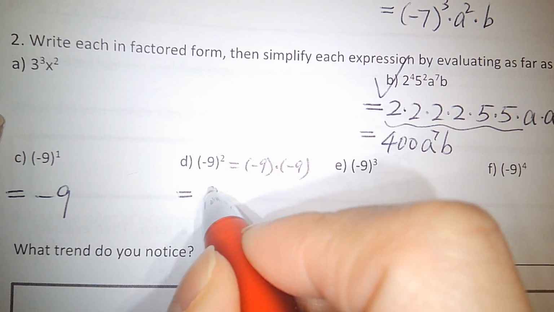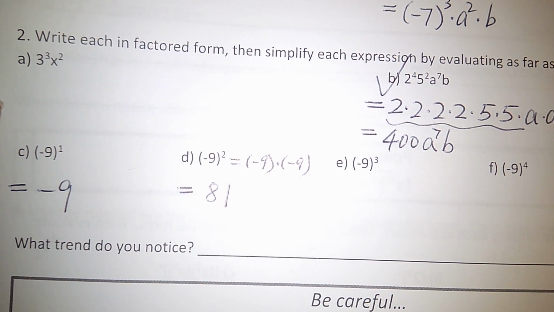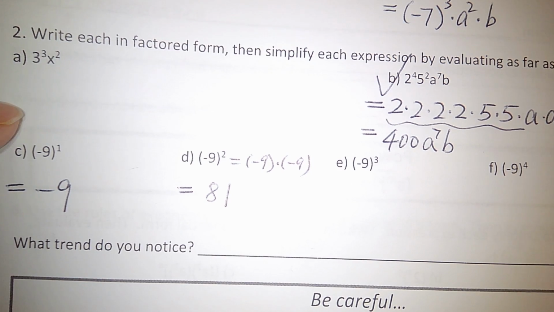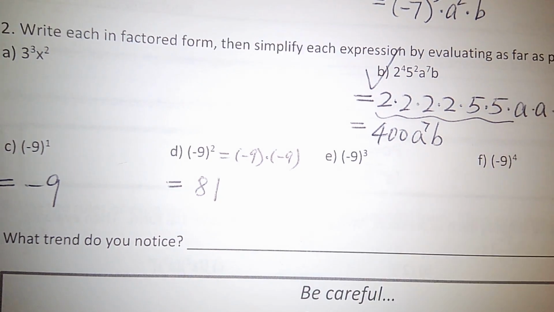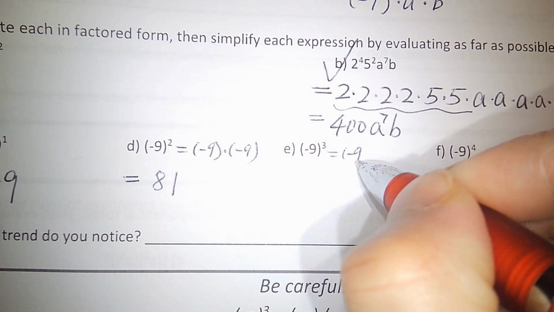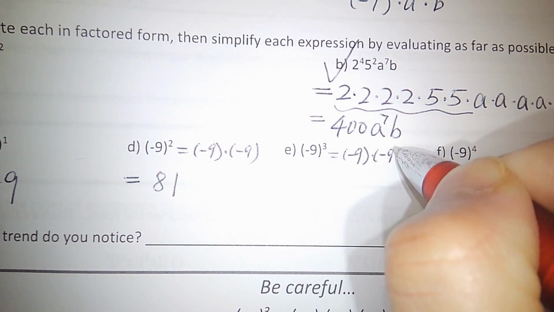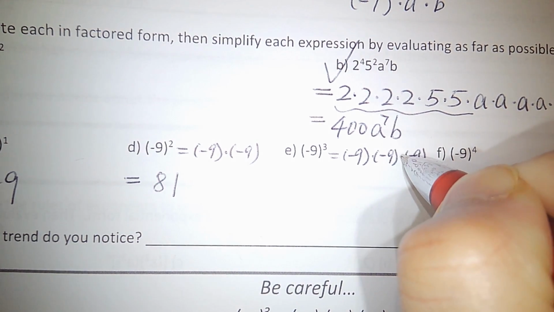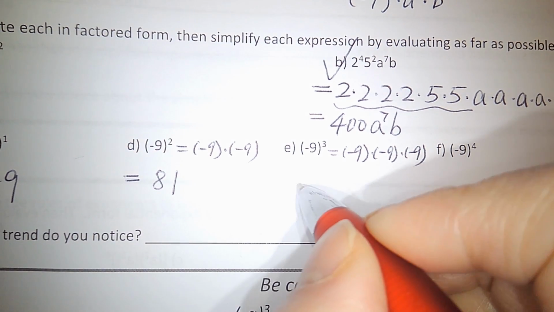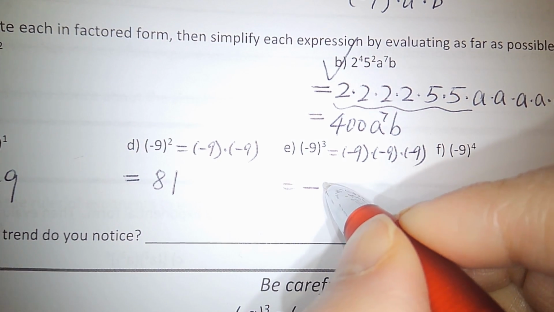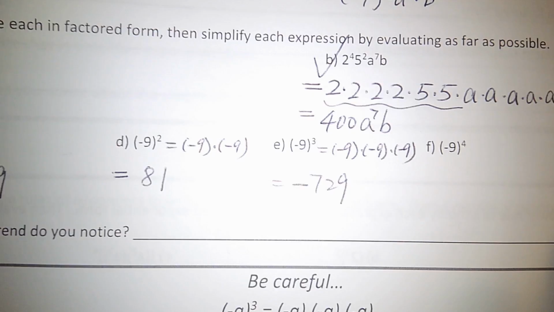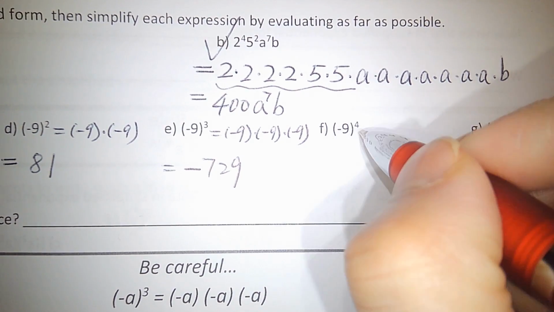Positive what? 81, right? What is negative 9 to the cube? Three negative 9s times together. 729. Yeah, negative 729.